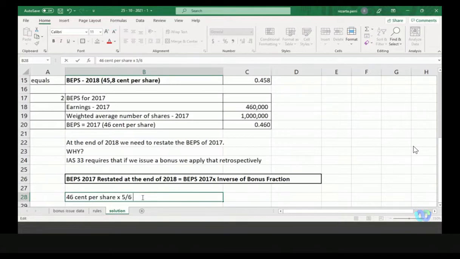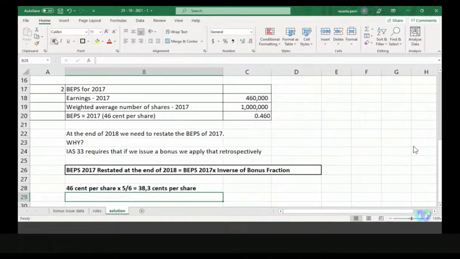So the inverse of the bonus fraction is 5 to 6. And this will give us a new amount of earnings per share to be restated for 2017, 38.3 cents per share. What do you notice about the restated amount of basic earnings per share for 2017?